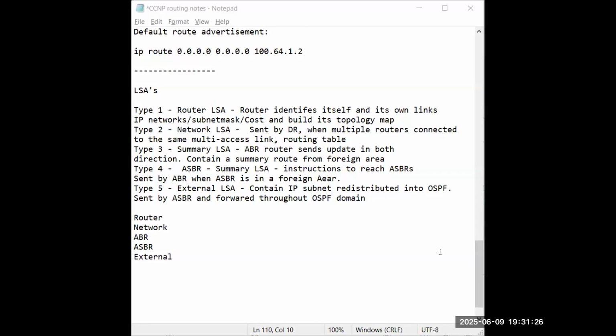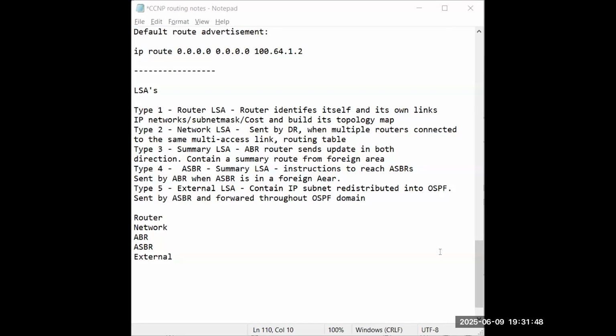Similarly, LSA type 1, 2, 3, 4, whatever it may be, with respect to OSPF routing, these packets are also generated and sent periodically, or whenever there's a change in the network or a link failure. Again LSA 1 is sent to and fro within the areas.